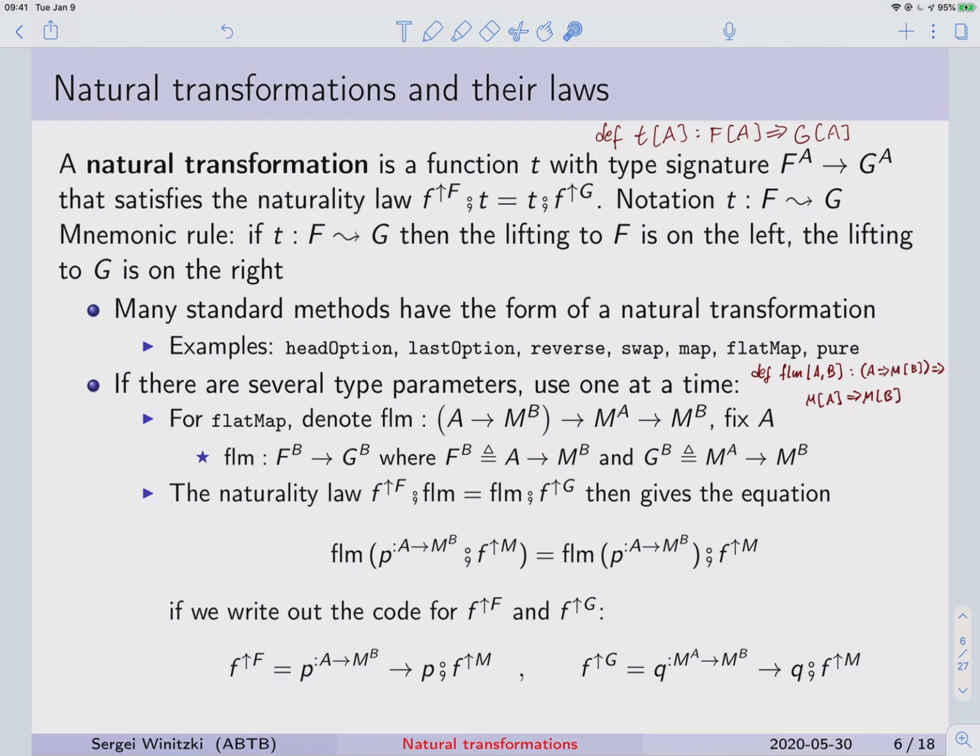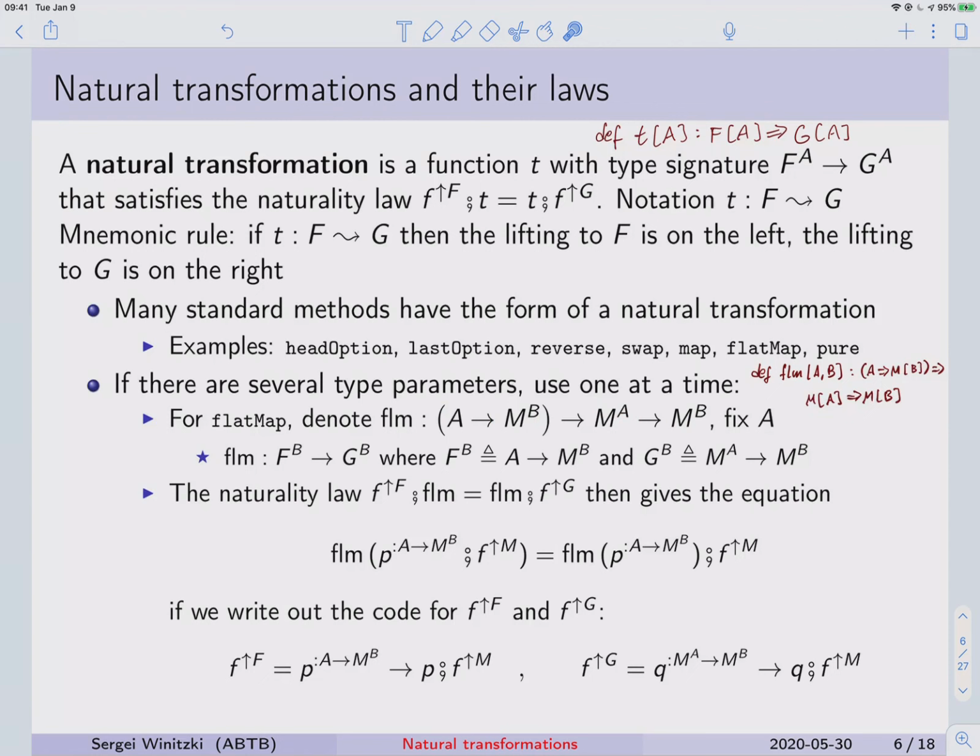And see, these are type expressions that are covariant in B. And so then it is a natural transformation with respect to the type parameter B. And similarly, you can formulate that as a natural transformation with respect to the type parameter A. Although then both of these would be contravariant in A, but that's still fine with natural transformations.